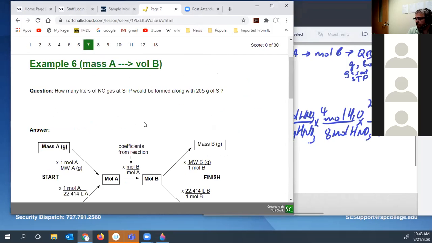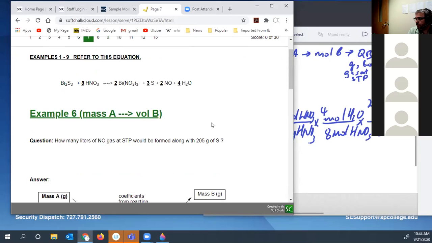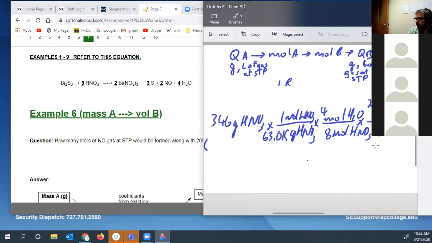From the reaction, see, 4 moles of water to 8 moles of HNO3. Okay. So then you multiply the number by 4 divided by 8, which basically cuts it in half again. And then multiply it by, I guess, the moles to liters. Is that the moles to liters conversion right there, 22.4? Yeah. Okay, yeah, that makes sense.